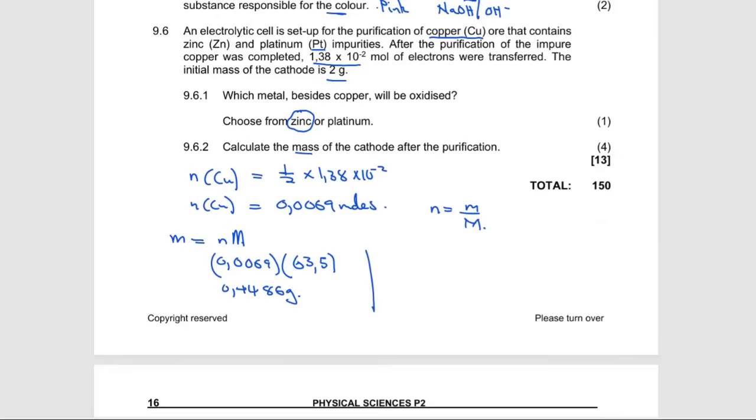So to proceed, since we are looking for the mass of the cathode after the purification, the mass of the cathode is equivalent to 2 plus, remember we're given 2 grams, 2 plus 0,4385.